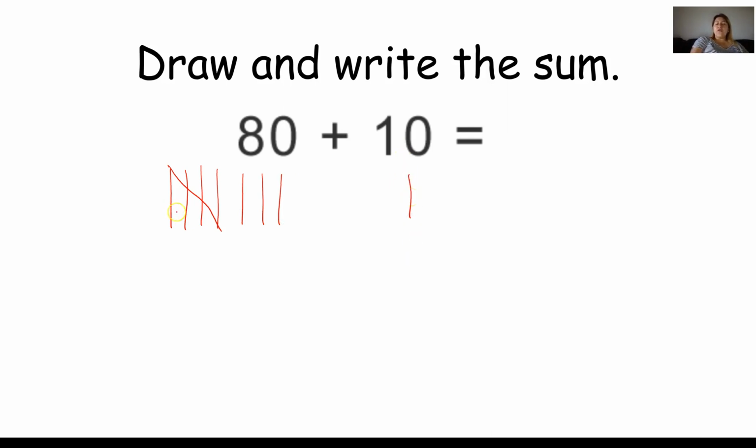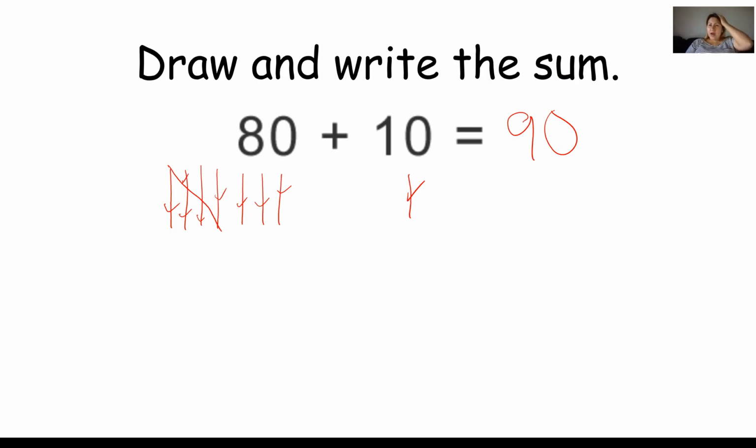All right, so I know that I have 80 here, but I'm just still going to count them just to double check, okay? 10, 20, 30, 40, 50, 60, 70, 80, and 90. So we have 90.